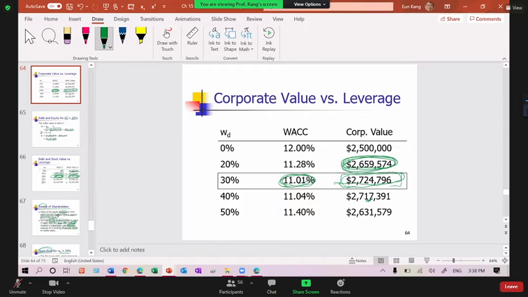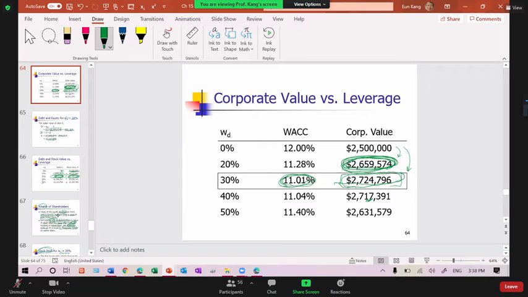Total value, corporate value. Then this one divided by 100,000 gives 26.59 or 26.60, with 5 cents rounding. So that is the easier way from zero to any level: total corporate value divided by original number of shares.